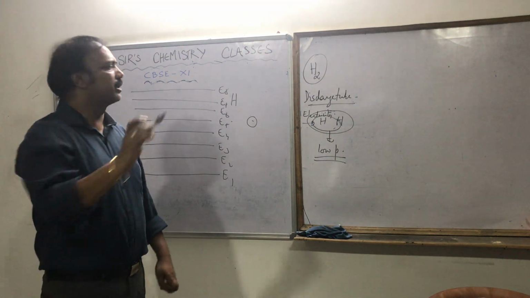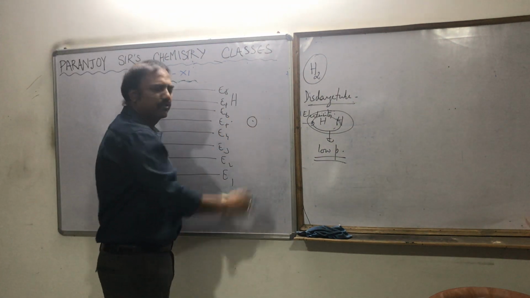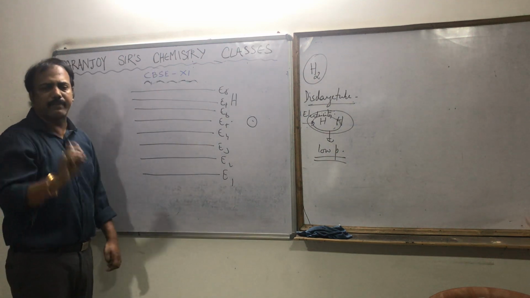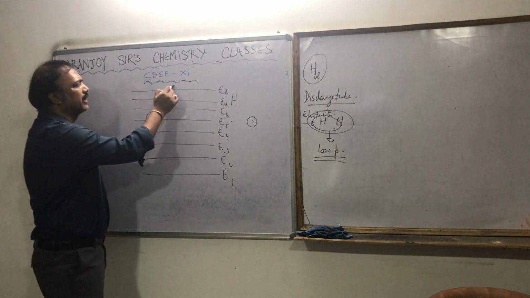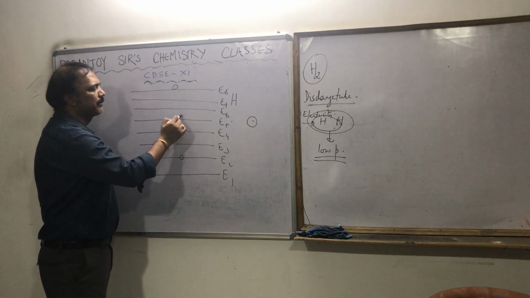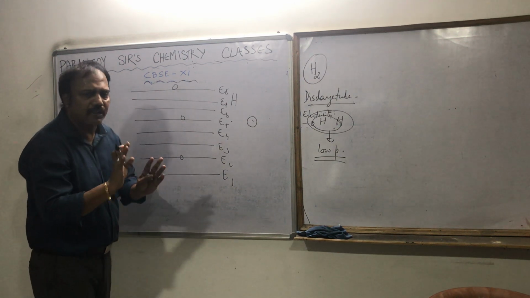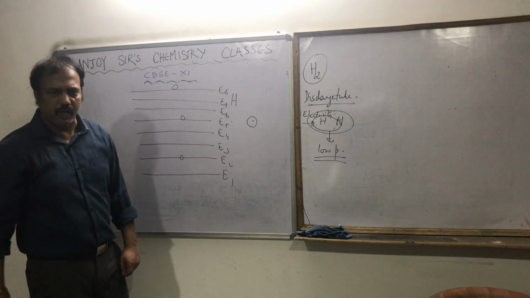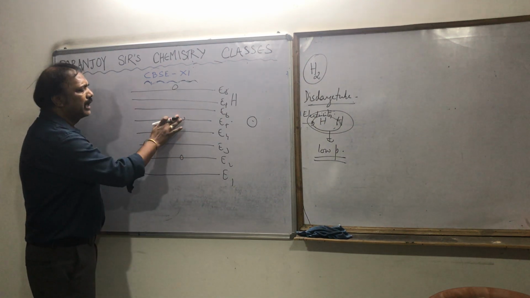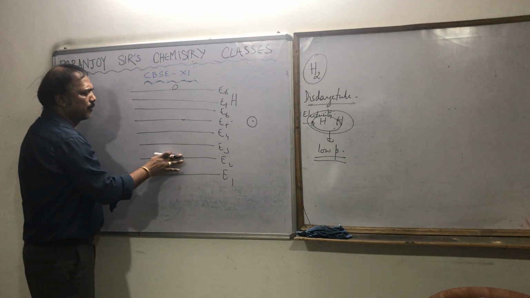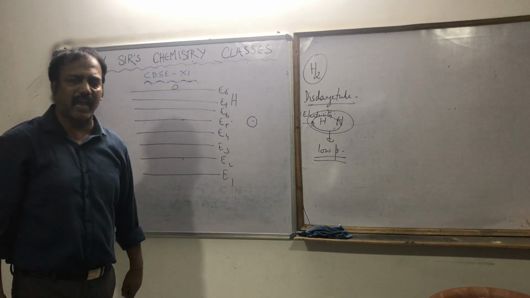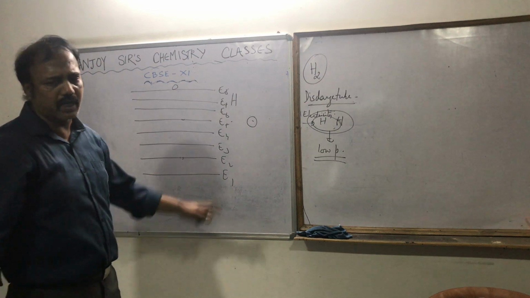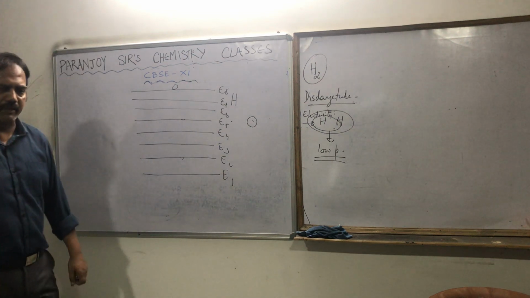And he told that the electron present in the hydrogen atom may be present in any of these energy levels. It may be present here, or here, or here, but only at one place at a time. Suppose the electron is placed in the 8th level. Only one electron is there, placed at the 8th level.